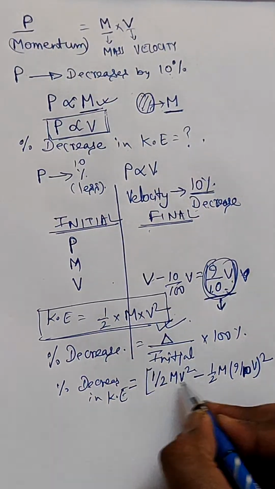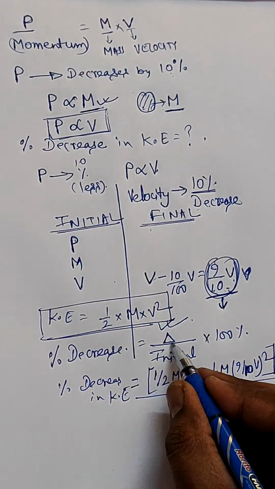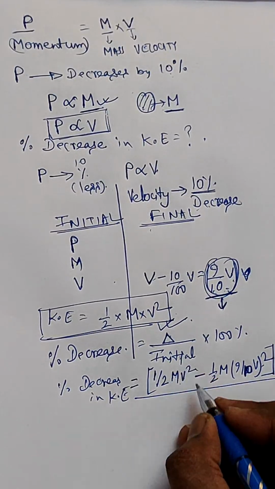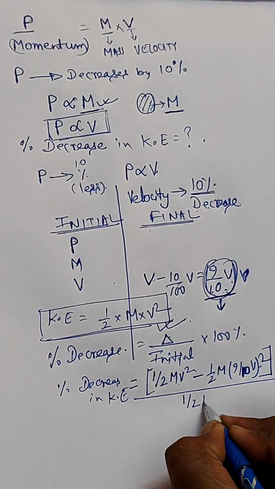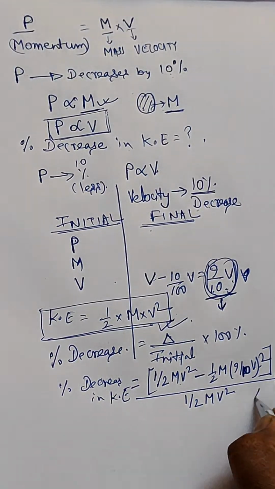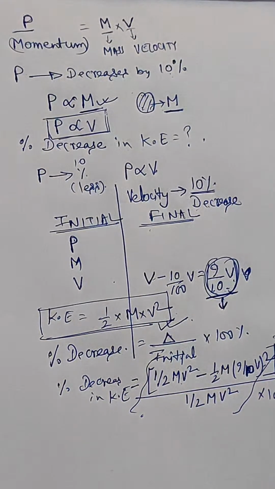This will be the change in kinetic energy divided by the initial value of the kinetic energy. Initial value was half m v square, into 100%. So just multiply this complete bracket by 100%, right?